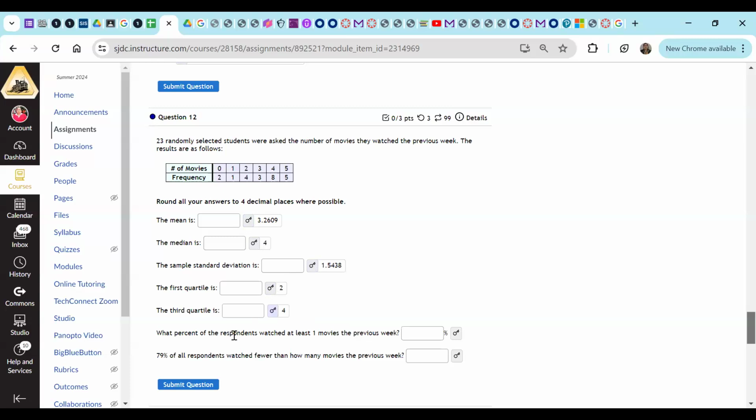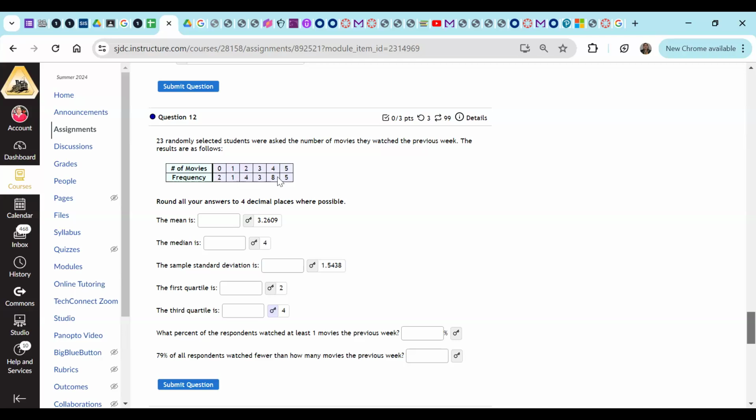So at least one movie is seen. What percent of respondents watched at least a minimum of one movie? More than that is possible. So it is this part of the given data. If you take a look at these frequencies, it's 1, 4, 3, 8, and 5.